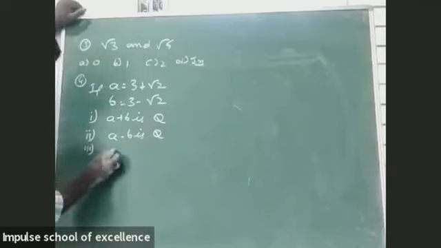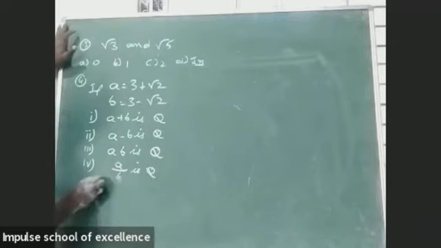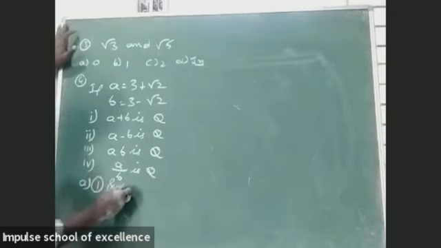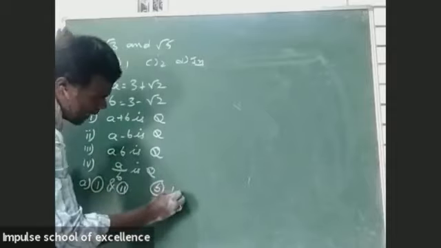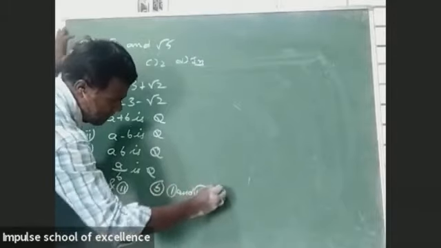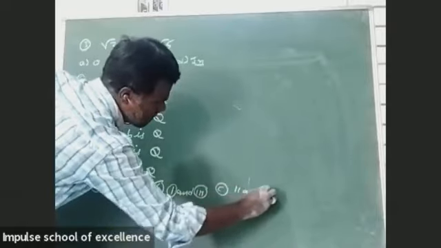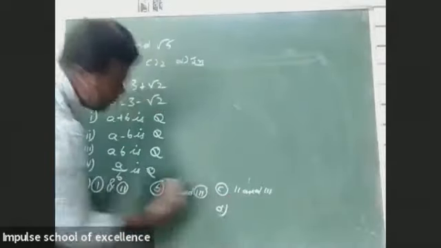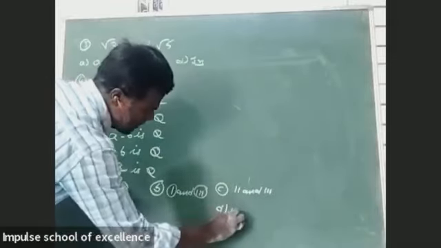Option 4, A by B is a rational. In this, which option is correct? Option A, 1 and 2 is correct. Option B, 1 and 3 is correct. Option C, 2 and 3 is correct. Option D, 3 and 4 is correct.